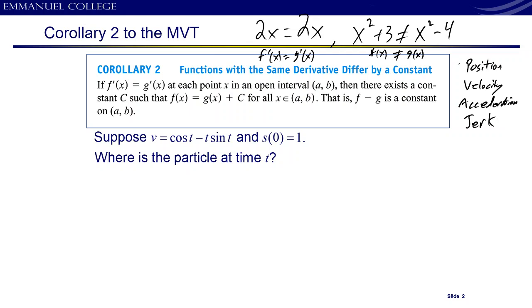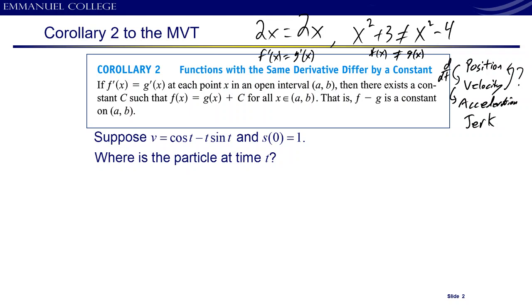And we said if you took the derivative, you move down the chart. Well, what if I want to go up the chart? Is that possible? And the answer to that question is yes.